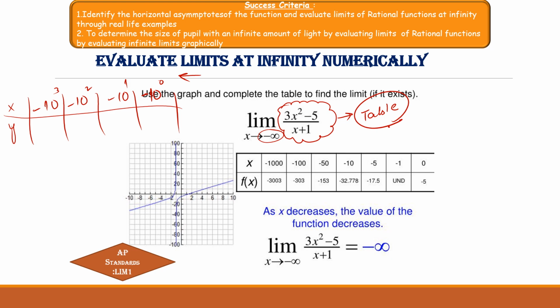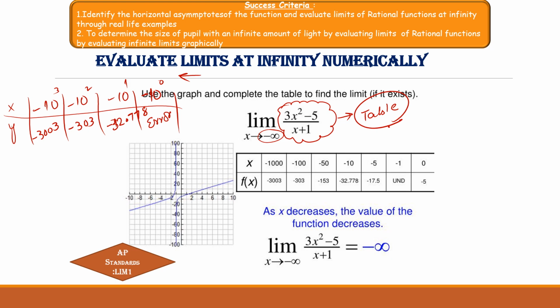So for 10 to the power of 0, unfortunately it will give you an error. If this is giving you an error, you don't even need to write it. Then you have minus 32.778. On negative 10 squared, you will have negative 303 and on negative 10 to the power of 3 you have negative 3003. Now what have you seen?